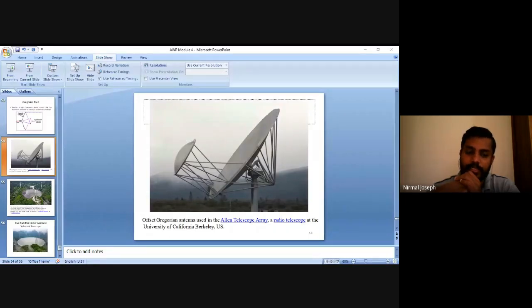Concave, that is the difference. Secondary reflector, side level. Yes, correct. That is the correct thing.